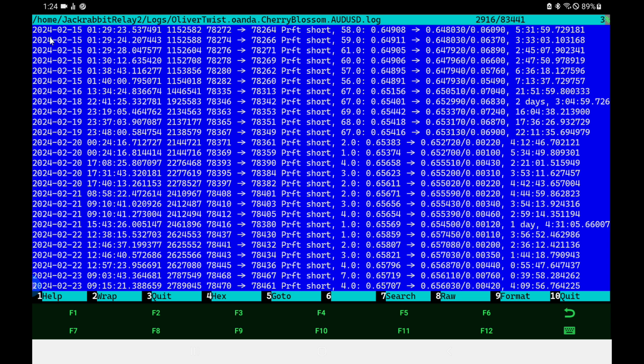As you can see, I started trading February 15th. This is my first completed trade. It was a profit: my entry price, my exit price, the amount of money I made for that trade, and of course, how long I held the trade.